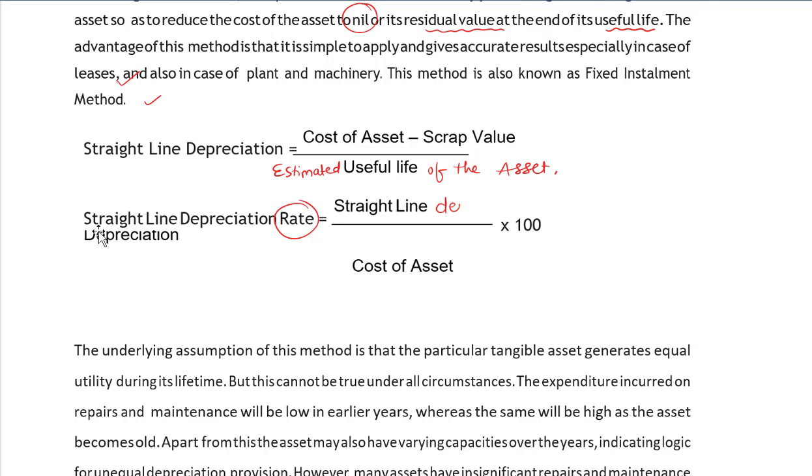Supposing the cost of the asset is 1 lakh and straight line depreciation is 10,000. So this will give you a rate of 10% per annum. Understood?